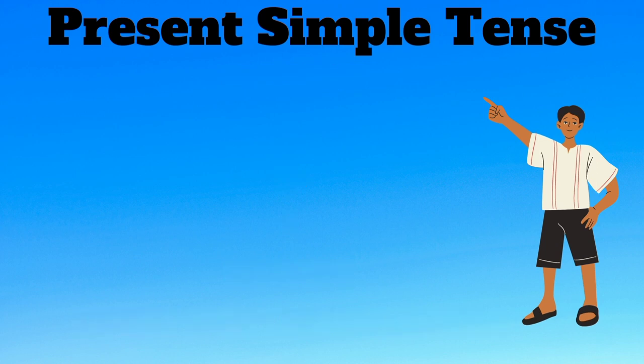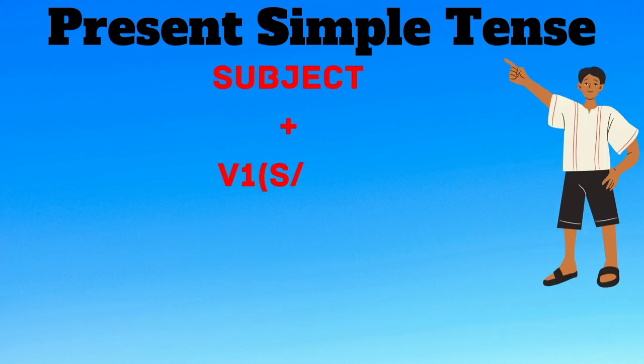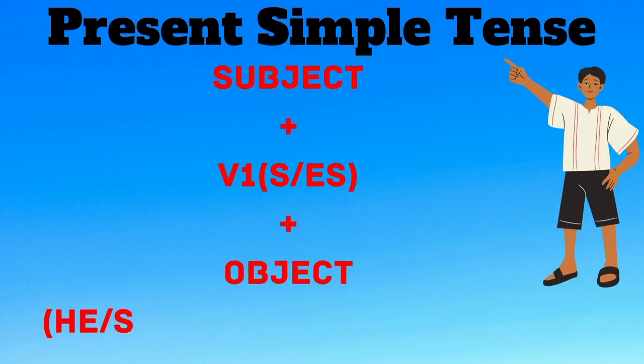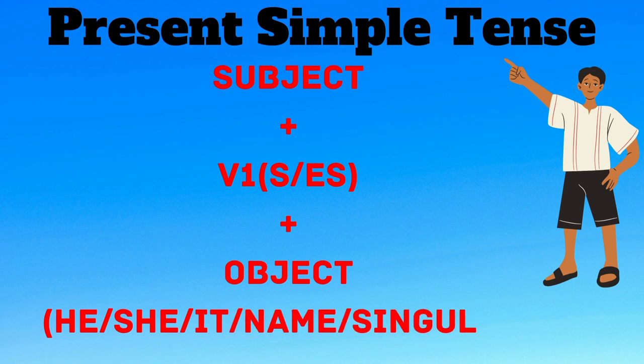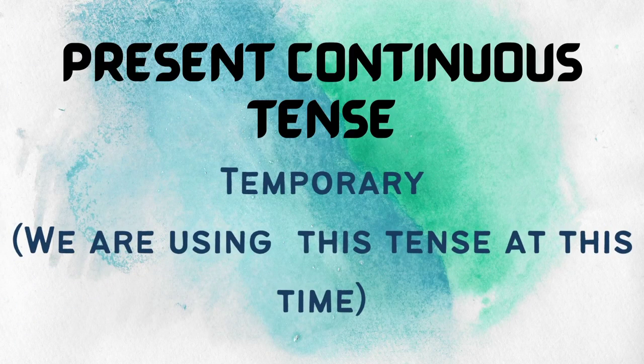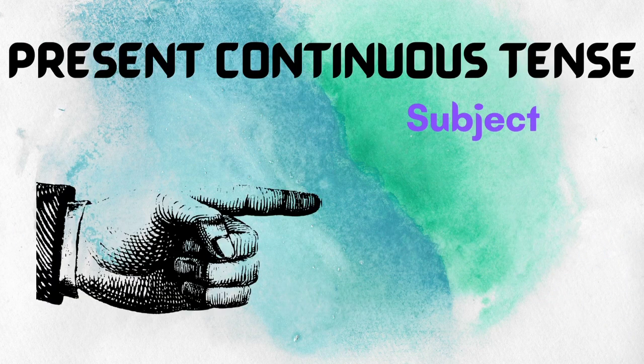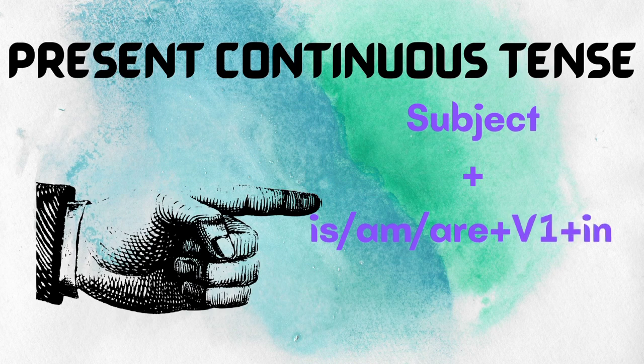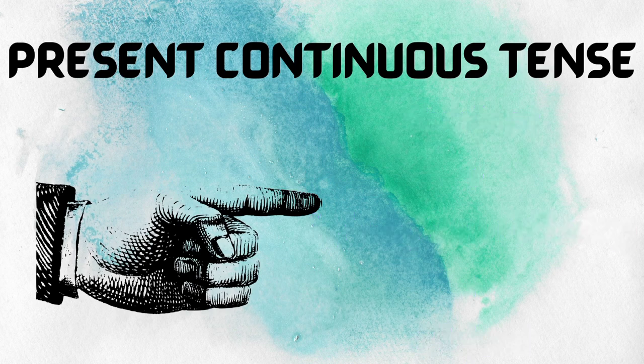We use subject plus first form plus object with I, we, you, they and plural. And the second part of this, that is subject plus first form plus s/es plus object with he, she, it, any name or singular.